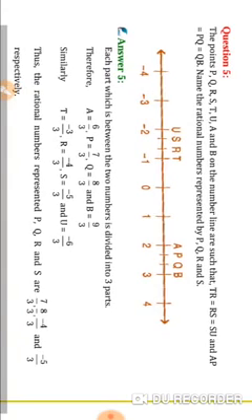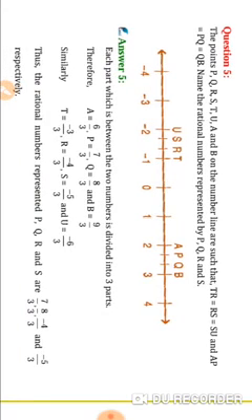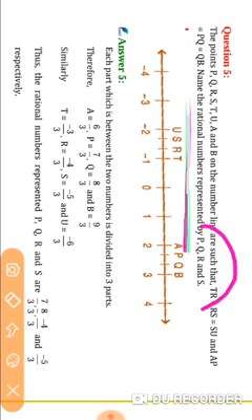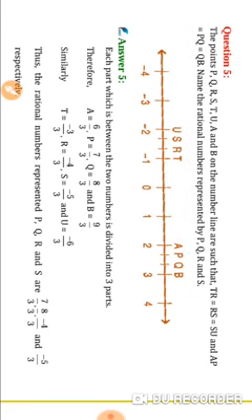The points P, Q, R, S, T, U, A and B on a number line are such that TR is equal to RS, RS is equal to SU, and AP is equal to PQ is equal to QB. Name the rational numbers represented by P, Q, R, S. So we have to select.